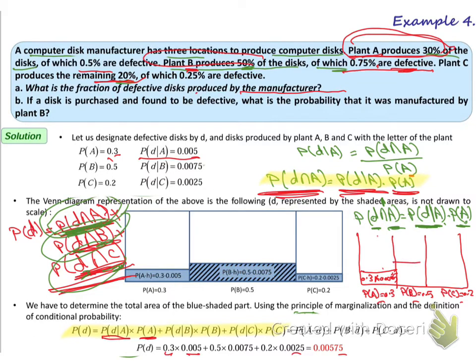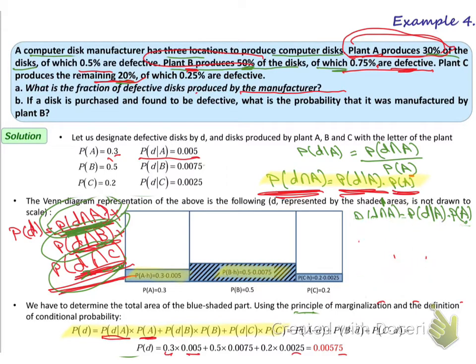Here also it will be the same thing. It will be the probability of B, which is 0.5, times the probability of D given B, 0.0075, which we have already written here. Just for explanation purposes, I drew this side one. And the third one is here, the probability of C given H. H means defective, but here they are using a different symbol.